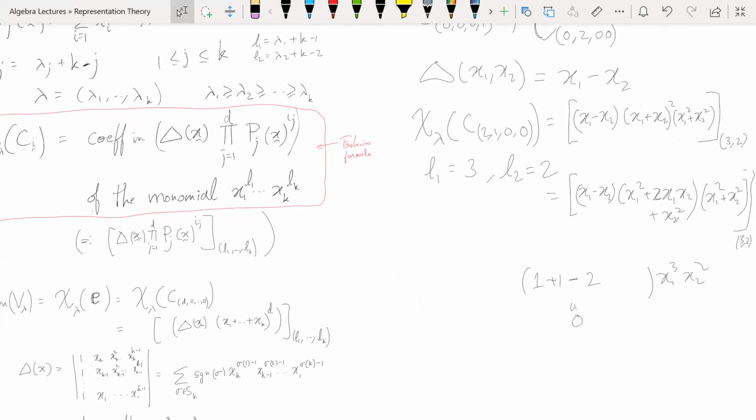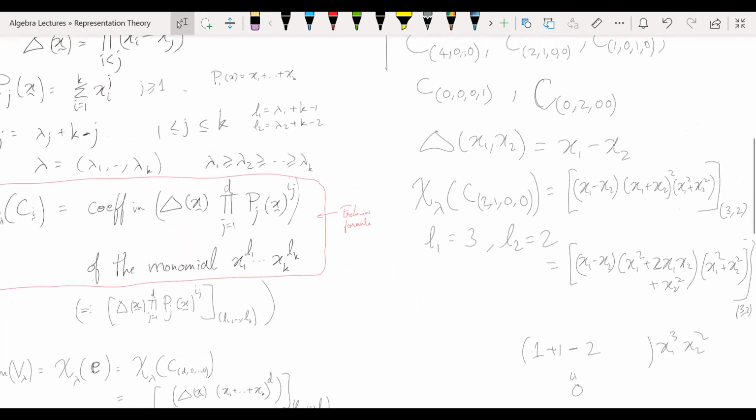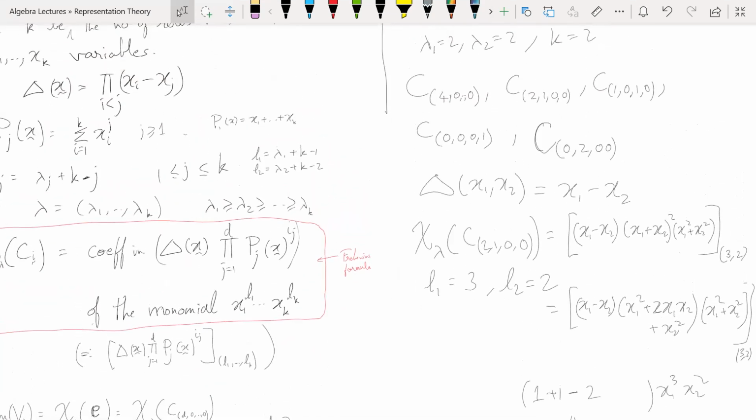So does that make sense? You see that you can indeed calculate it. And you can do the same thing with the 4-cycle. If you plug in i1 to be 4 and the rest to be 0, then you will get the dimension of the representation corresponding to this guy.